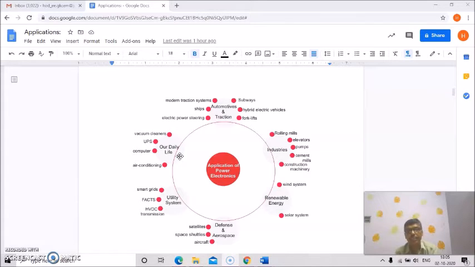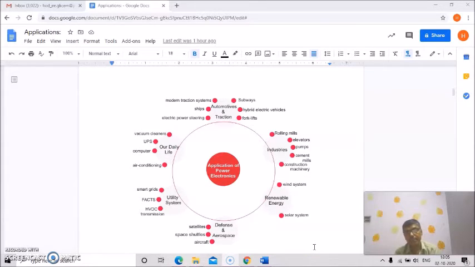In automotive and traction, you can have modern traction systems, seats, electric power steering, showers, hybrid electric vehicles, forklifts, etc. In industries, we are using power electronics in rolling mills, elevators, pumps, cement mills, construction machineries.